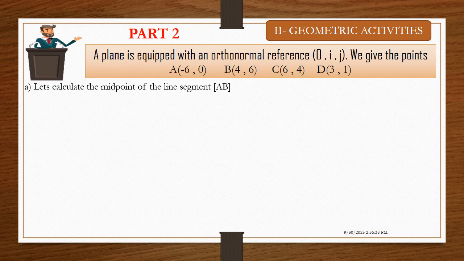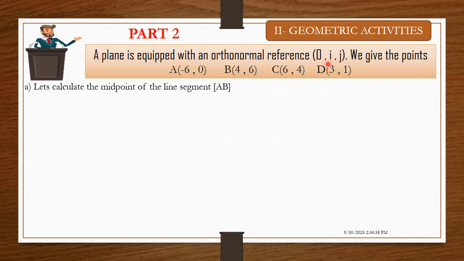So now, this simply means that we can draw the points on a Cartesian plane, such that the axes are orthonormal, which means perpendicular.